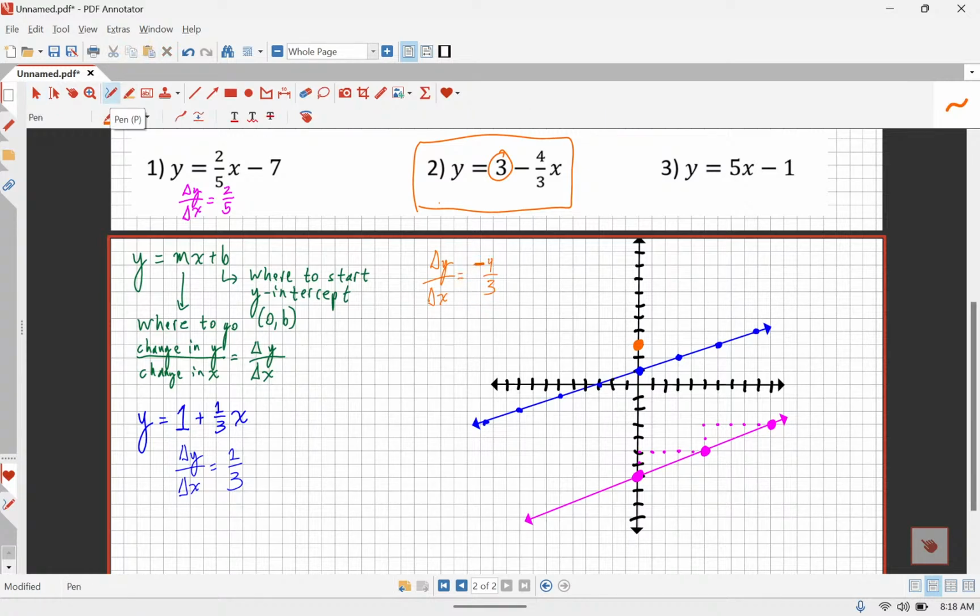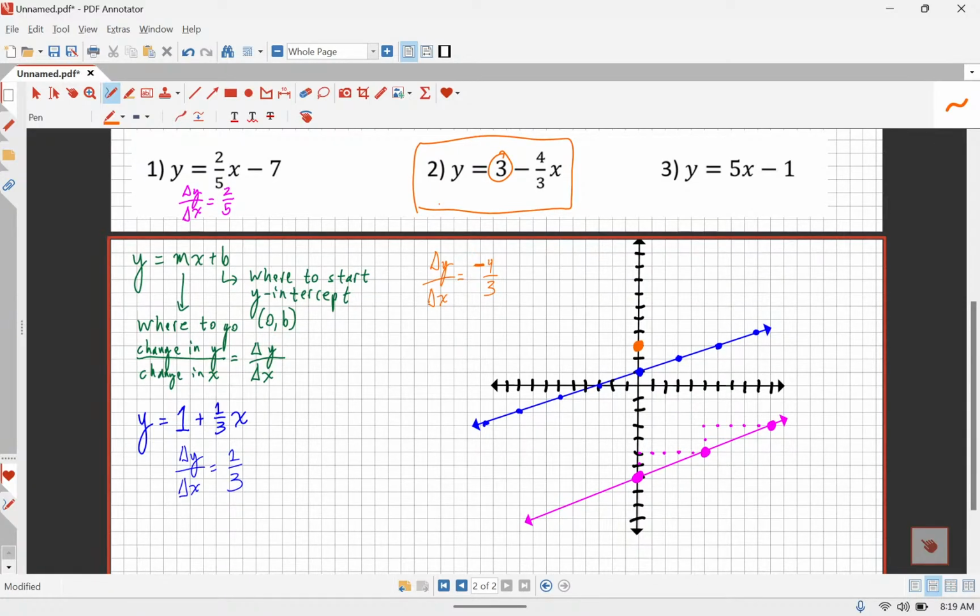In this picture, when I put the negative with the 4, what does that make my change in y? Ryder, what does that make my change in y? Go ahead. So remember, this is my change in y over change in x fraction. Which part of the actual numbers that I've got matches my change in y?